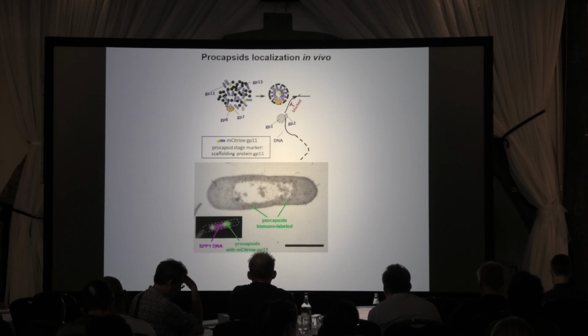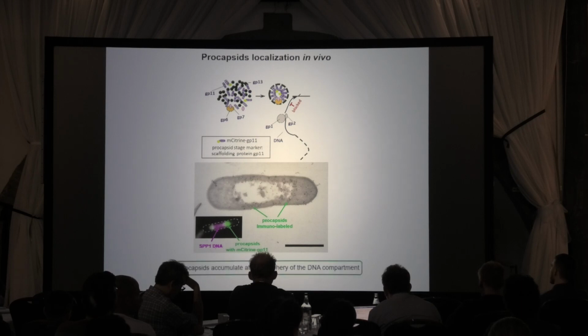And this is an image that I already showed to you. This is an immunolabeling experiment with anti-capsid antibodies, but this cell is infected with a mutant that is blocked in DNA packaging, so we can see only procapsids here. And of course, you'd expect to see really the structure. The problem is that whenever we do thin sectioning and any embedding approach, we no longer find the viral particles.